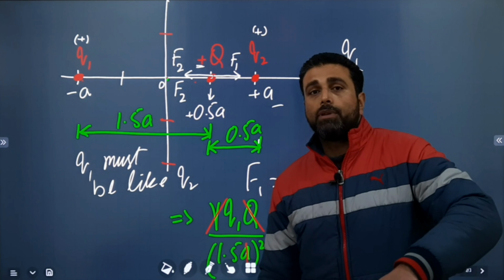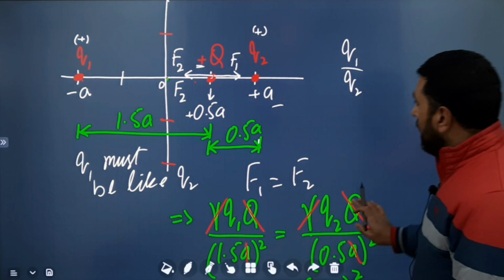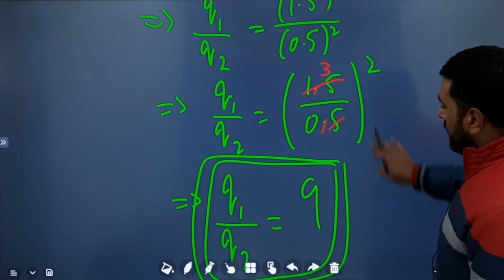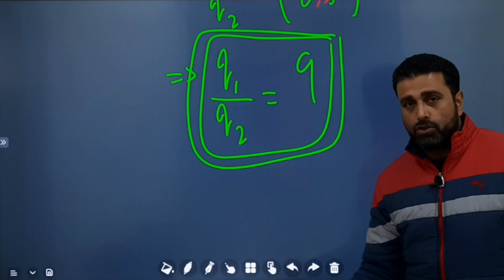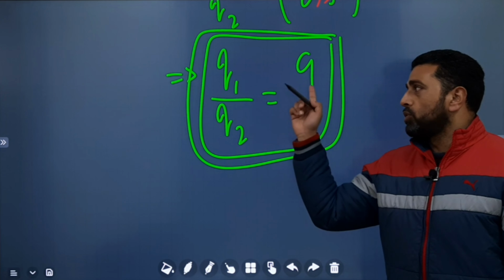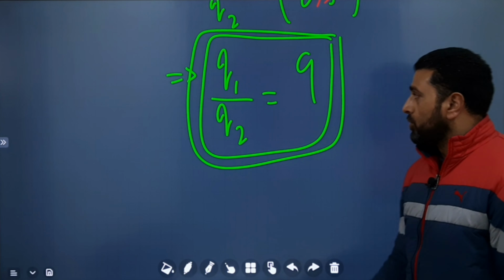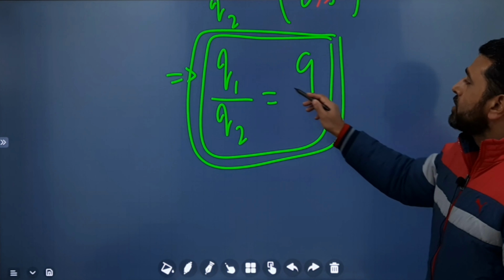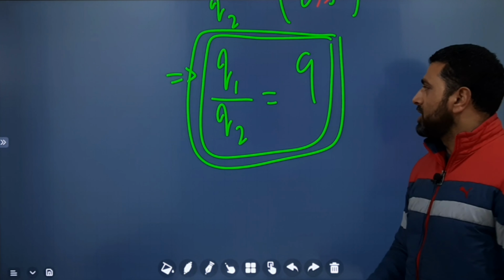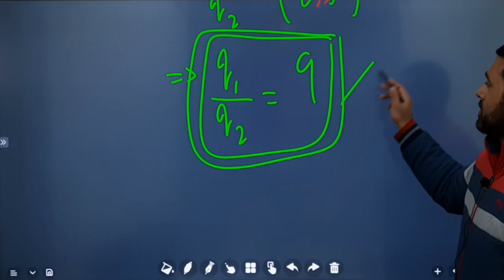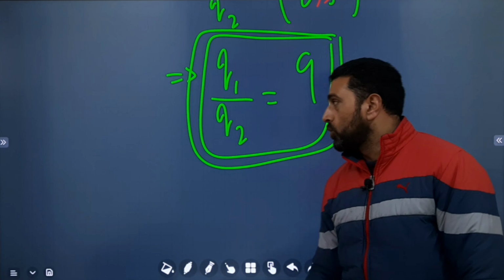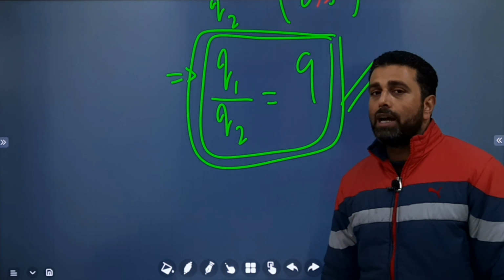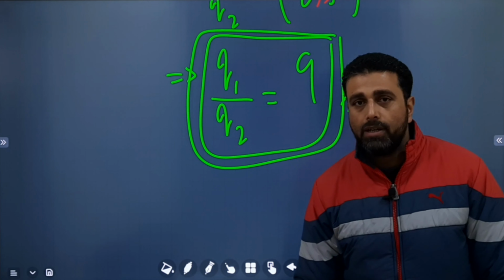So either both of them are positive or both of them are negative. If both of them are positive, then the ratio is positive. If both of them are negative, then the ratio is also positive. Positive by positive is positive, negative by negative is also positive. So Q1 by Q2 is plus 9. Plus sign wouldn't usually be mentioned. So this is the ratio for force on capital Q to be 0. So Q1 by Q2 must be equal to 9 for net force on capital Q to be 0.